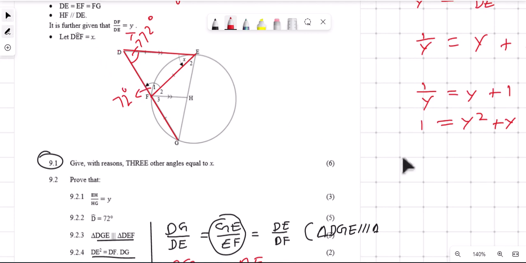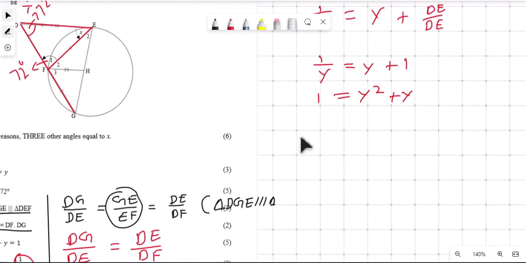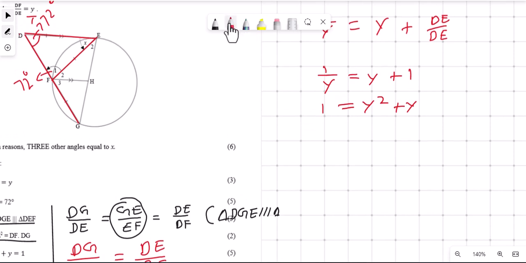In triangle DEF, what is it that we have here?